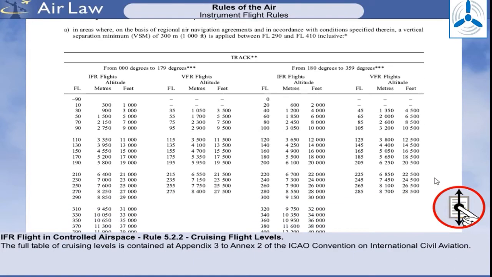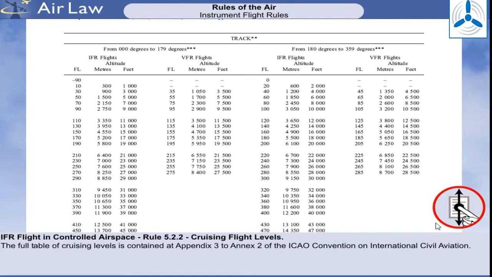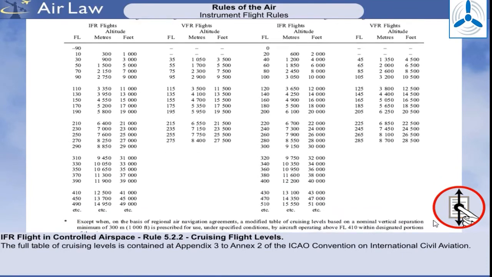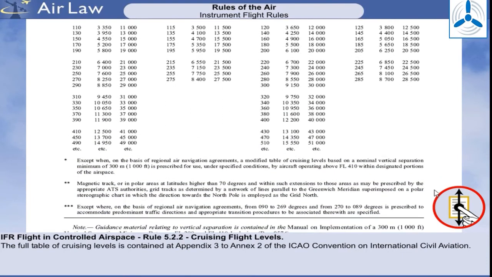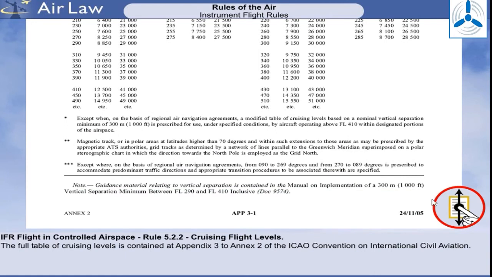That table is contained at Appendix 3 to Annex 2 of the ICAO Convention on International Civil Aviation. Be sure to refer to Annex 2 in order to study the details of this rule. We show an extract from Appendix 3 to ICAO Annex 2 here. Be sure, though, to refer to the latest edition of Annex 2 when using the table for operational or examination purposes.